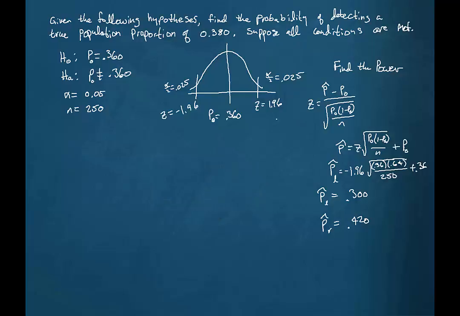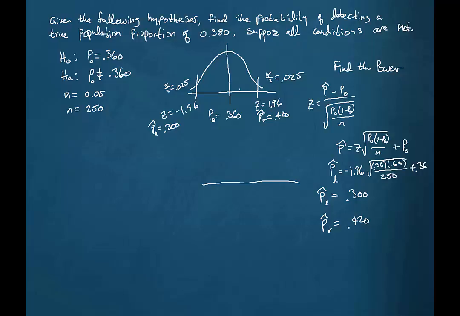So we are supposed to find the probability of detecting a true population proportion of 0.380. So unknown to the researcher, this population proportion is 0.38, which is between these two values here of p hat left 0.300 and p hat right 0.420.